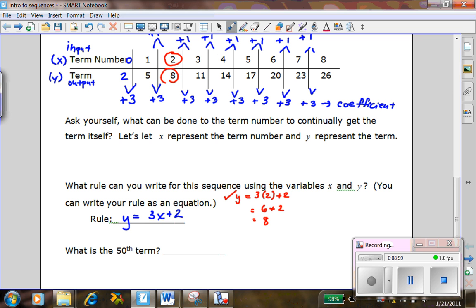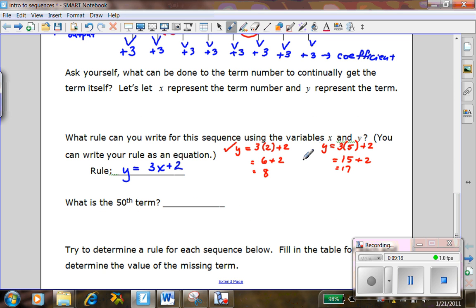I could try another one. Let's do 5. y is equal to 3 times 5 plus 2. 3 times 5 is 15 plus 2 makes 17. And what am I supposed to get? I'm supposed to get 17. So I could keep trying this all day, and it's going to work every time. So now, check mark that one.